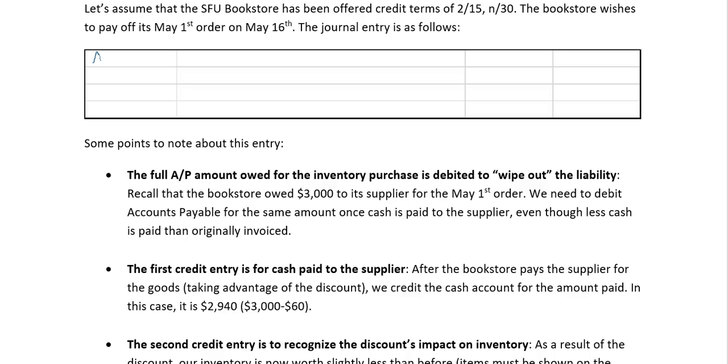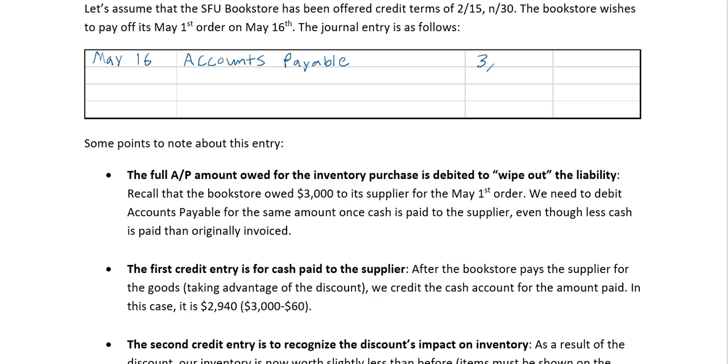The first thing to note when making a journal entry like this is that we are paying off the full liability. So no matter how much actual cash goes out, the main thing of note is that everything that we owed to a supplier is paid off.